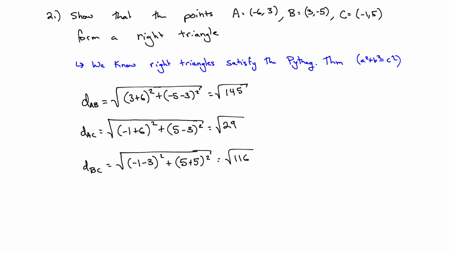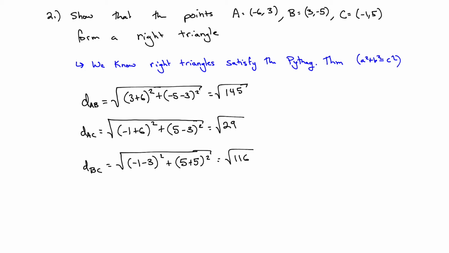Now, you might be asking yourself, well, how do I know which one goes where? If we're thinking about the Pythagorean theorem, the order matters, right? a and b are the legs, the shorter ones, and c is the hypotenuse, the longer one. How do we know which one's the hypotenuse? We're trying to show that it's a right triangle. So one of them should be our hypotenuse and the other two should be legs.